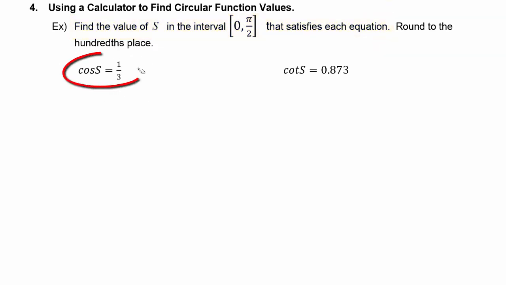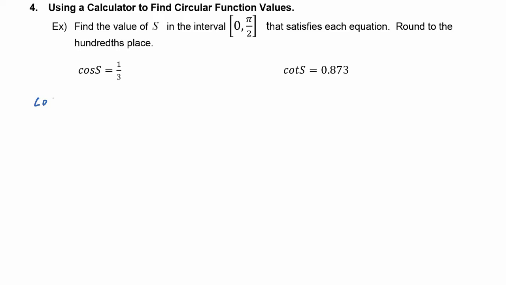This first equation, we're given that the cosine of s is equal to 1/3. Now we know that to get at s, we're going to need to do the inverse cosine of each side.